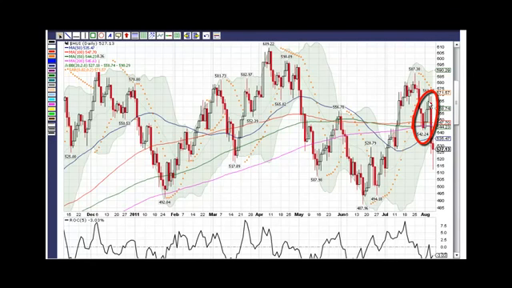And I was going to make a recording Wednesday evening because I just got this nagging feeling that 3 days of up and we're likely going to stop. At least go back and have a look at the averages. And sure enough, Thursday they pounded her down, and on Friday they beat it down and it went up and basically closed where it opened. That's a spinning top for you candlestick fans.